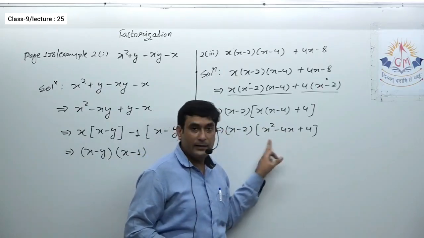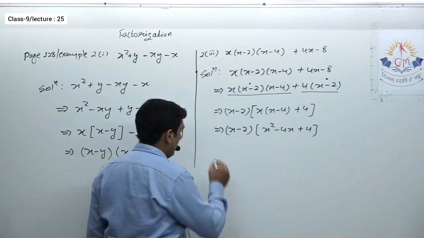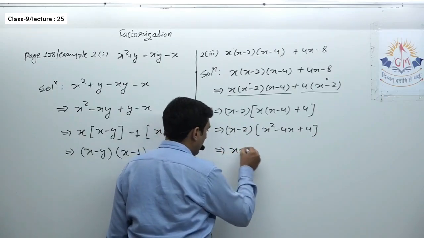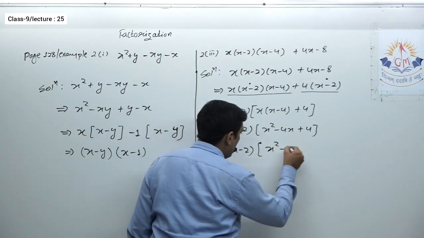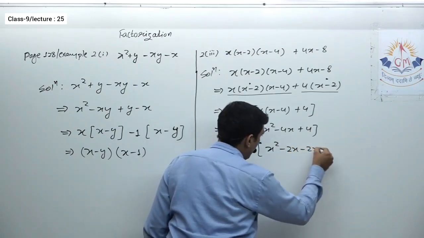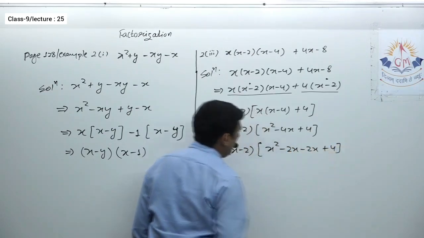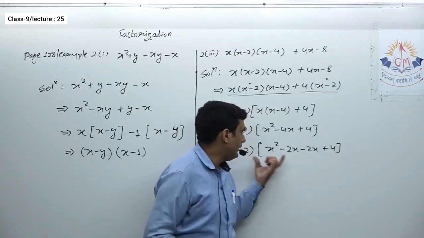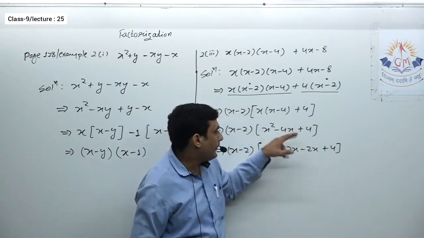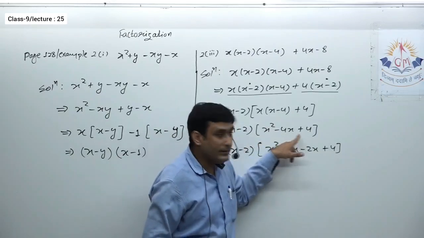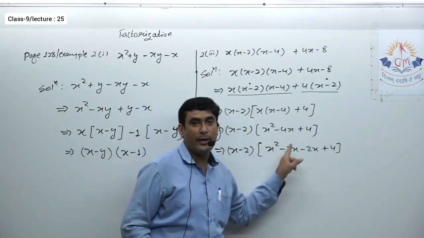So we can find the factors of this as well. Right now if you are not understanding this particular portion, you can skip. We'll see in a separate lecture how to find the factors of this type of expression.